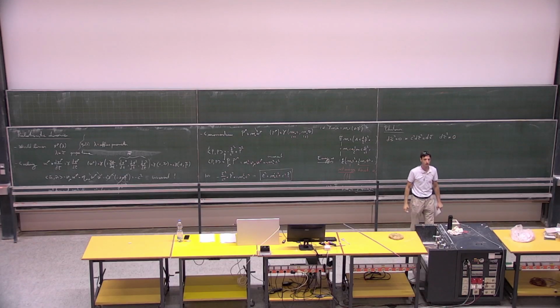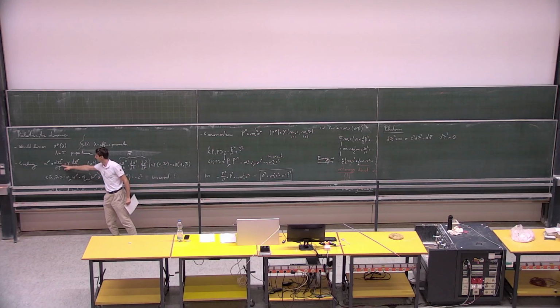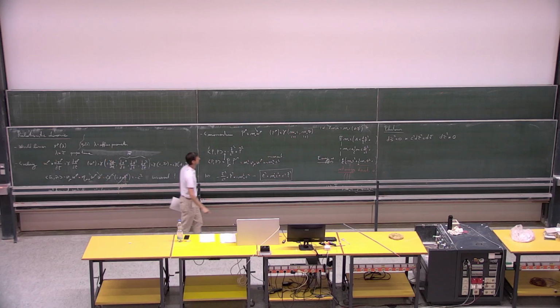The tau is not defined. Therefore, I cannot use this expression for the four-velocity. I cannot write dx^mu over d tau. I cannot. And if I cannot write it like this, I cannot even write that. We have a problem, okay?